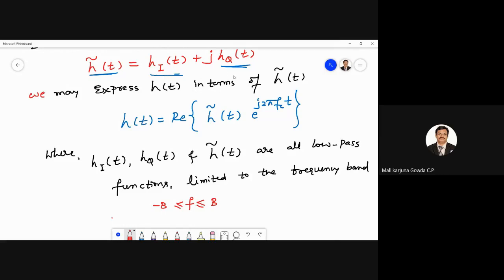So I will be able to determine this h tilde of t using this. If you have any questions, you can ask. So far, I discussed how I can represent the bandpass system in terms of its complex low-pass representation. I am leaving the frequency domain representation to you; you should find out how it can be done. If you are not getting it, I can help.